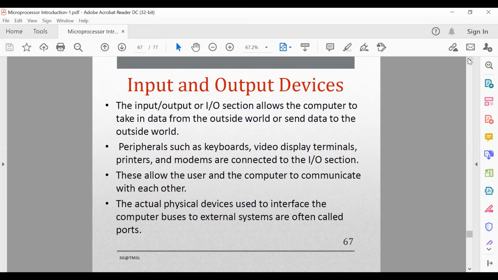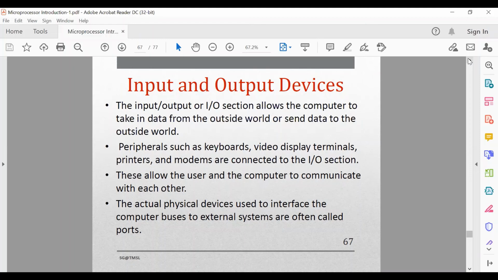Nowadays optical devices and scanners such as mouse, joysticks, and barcode scanners are also used as input devices. Microcomputer systems also use different types of sensors for data input, and these sensors need data converters such as ADC, analog to digital converters, and DAC.